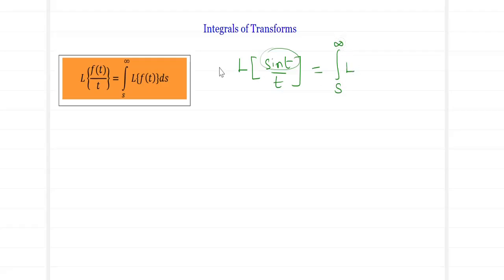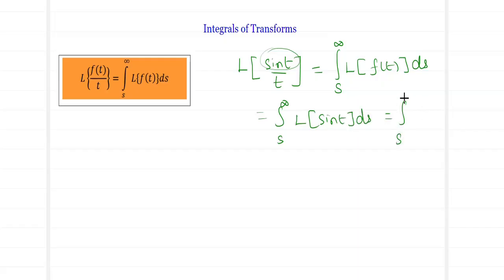The Laplace has to be taken only of my numerator, so it is Laplace of f of t with respect to the variable ds. So now this gives me integral from s to infinity Laplace of what is there in the numerator? The numerator has sin t, into ds.